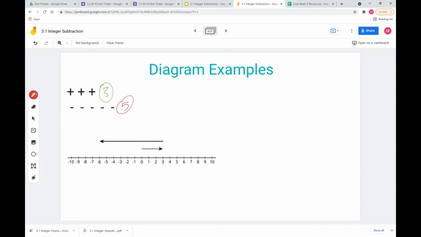If we want to write addition problems, we can write the following. 3 positives plus 5 negatives. We can also write 5 negatives plus 3 positives.